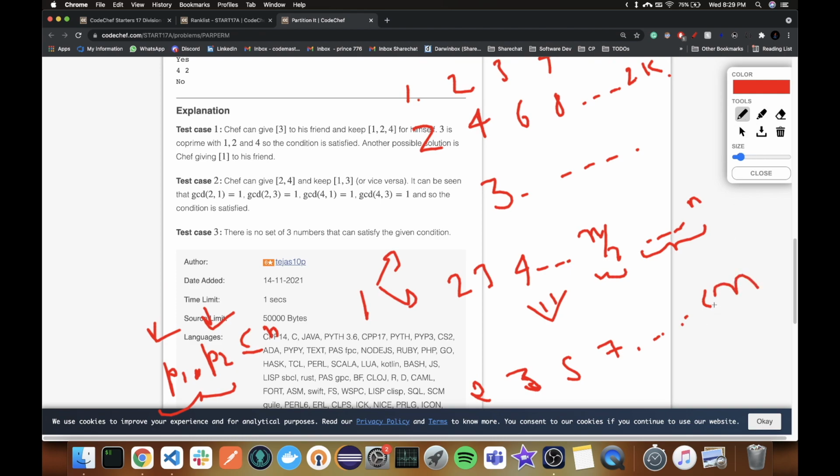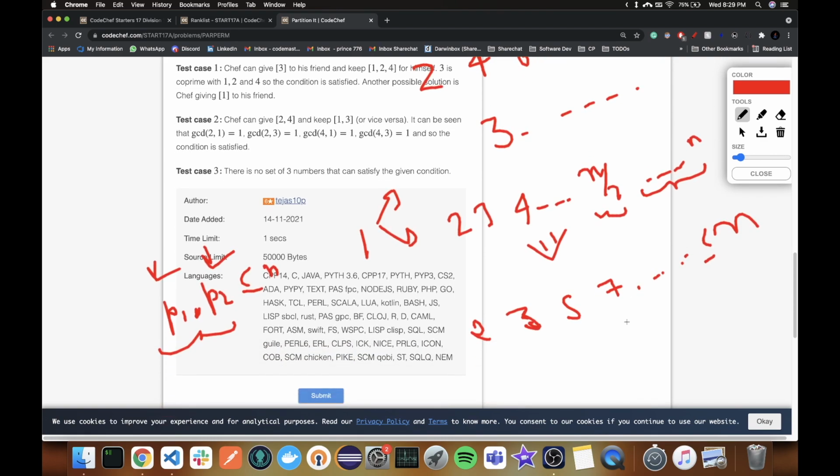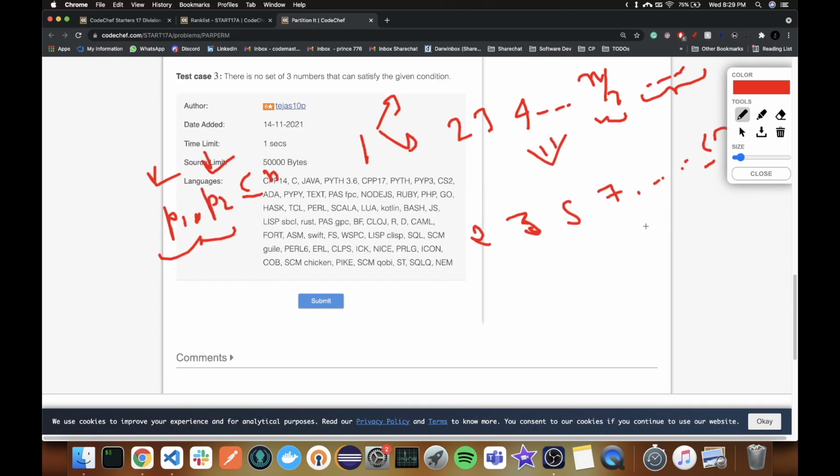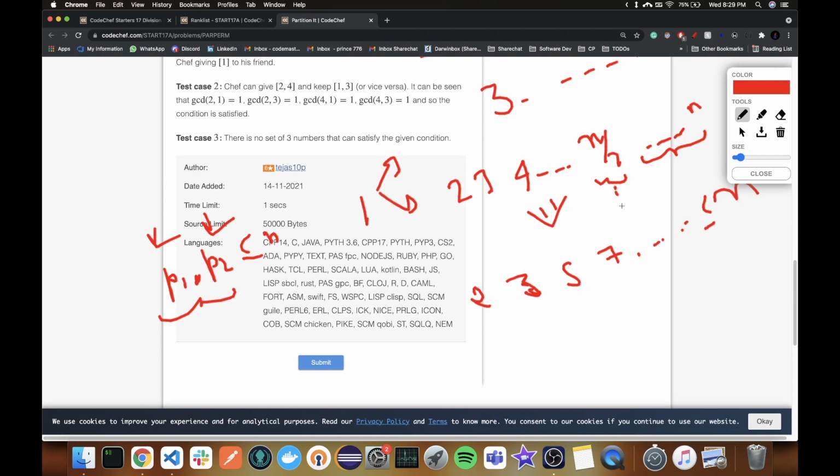This is all less than or equal to n. Whenever I choose a number, the previous calculations and observations don't go in vain. This n by 2, let's say this is the line it draws.